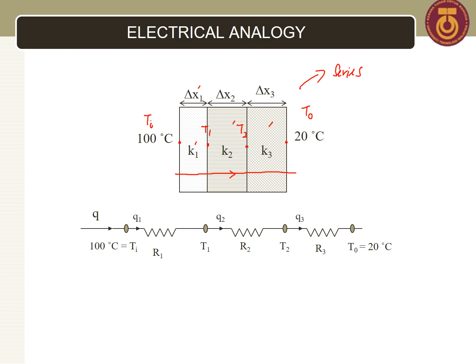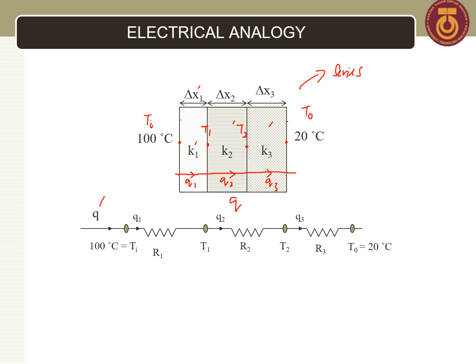So let's analyze one by one. As you can see here, there is an overall Q. This is the overall Q because it takes Ti and T naught into consideration. And there is also Q1, then here we have Q2, and here we have Q3.